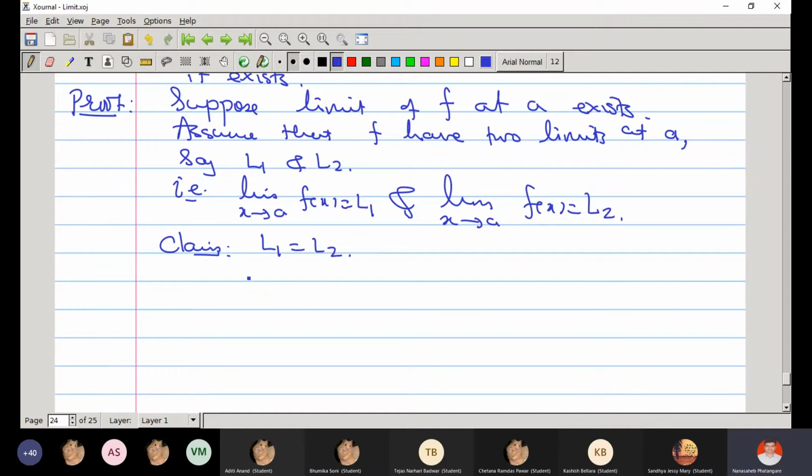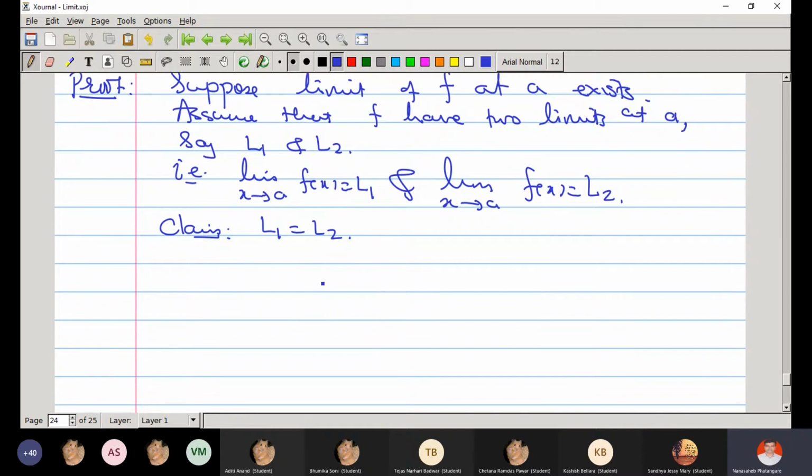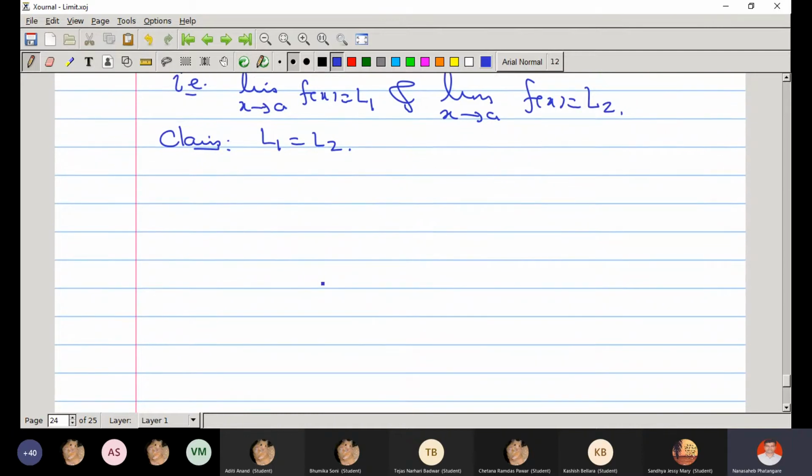Right, and so what is the strategy if you recall the proof for sequences? What should be the strategy? So we need to prove that L1 minus L2 is equal to 0. Suppose not. Suppose L1 is not equal to L2.